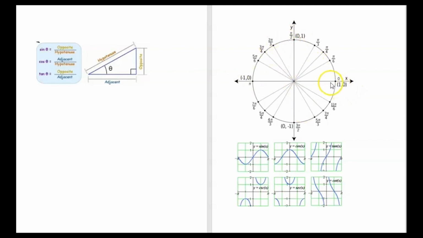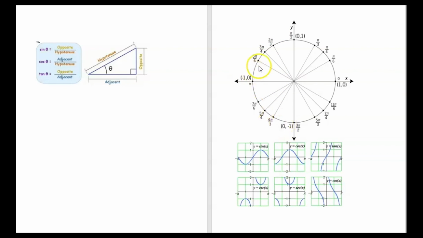And similarly, as you go over to this side, this value for cosine is going to be the same as this side for cosine, because they're equally, as an absolute value, the same value, except this side is going to be negative for all cosine values.